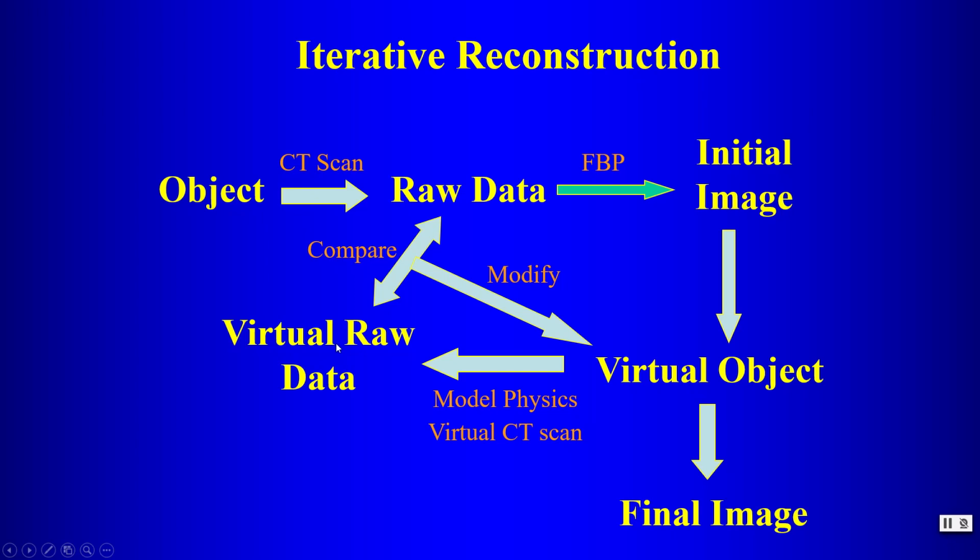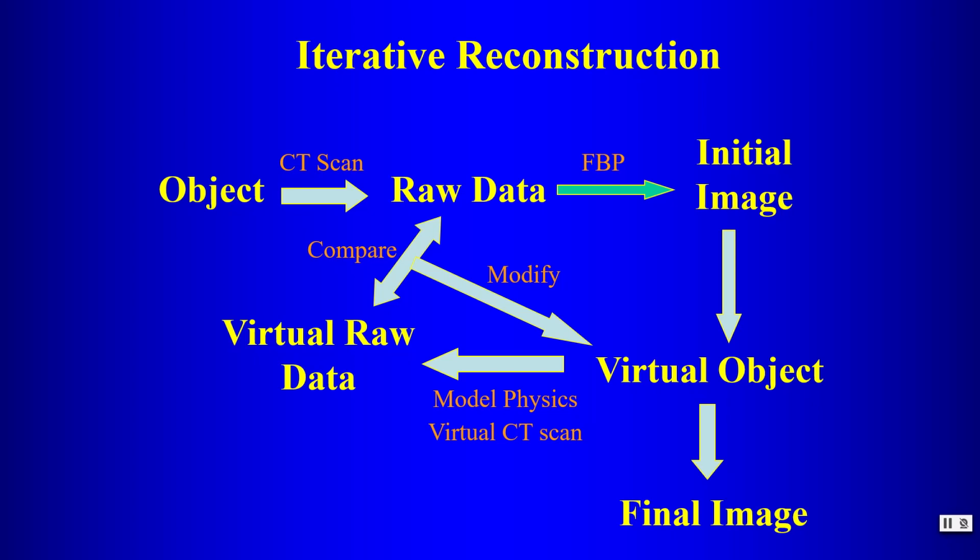It then compares the virtual raw data to the actual raw data and then starts to modify the virtual object here to bring these two as close as it can to each other. And then once they are close enough, it gives you this final image. So this is extremely computer intensive and was not available until recently when we had much better and faster processors.